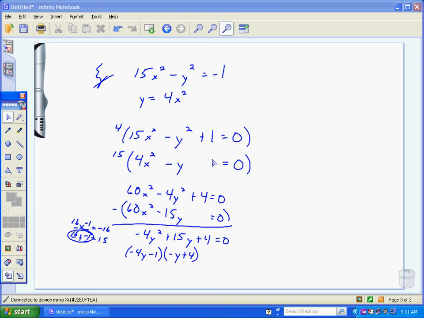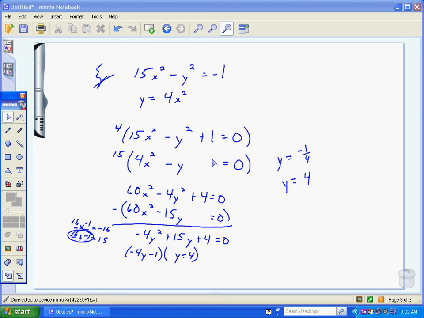No, this is going to be a, reverse these signs here, guys. A plus y and a minus 4. There we go. So our solutions there. y equals negative a quarter. Good. And y equals 4.